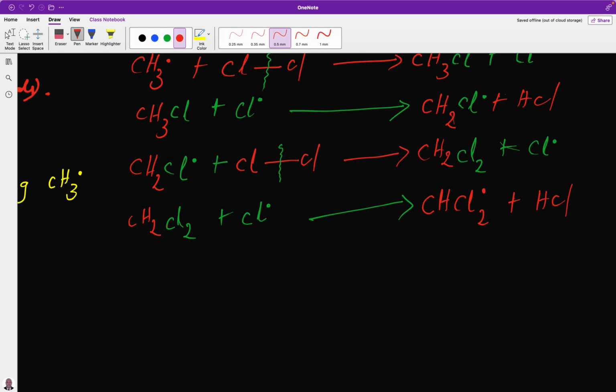So it comes here, this is a CHCl2 plus a chlorine molecule, as we said.